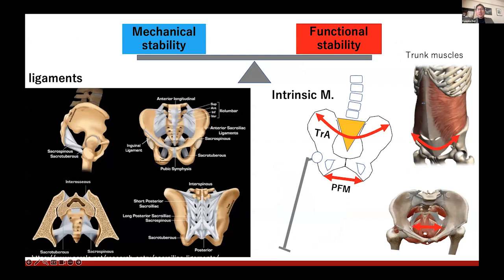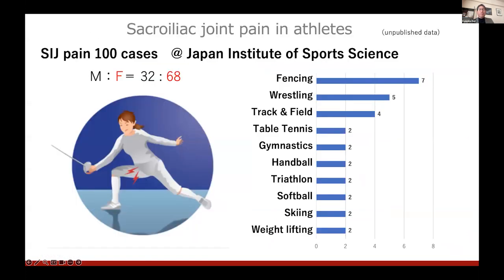And joint stability is supported by this mechanical stability and the functional stability of the intrinsic muscles of the pelvis, the transversus abdominis and pelvic floor muscles. These functions are also referred to as form closure and force closure.